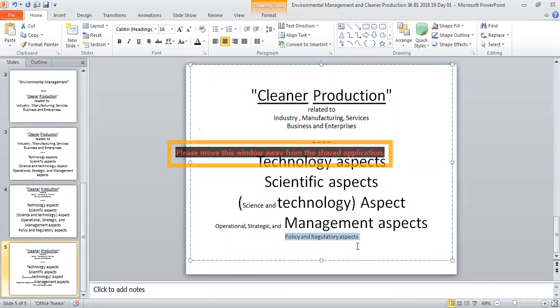Now you know that cleaner production doesn't mean dust free. If you add a little nutritious value to the bread, it's an enhancement of cleaner production. Maybe a high quality nutritious bread, maybe improve your health.